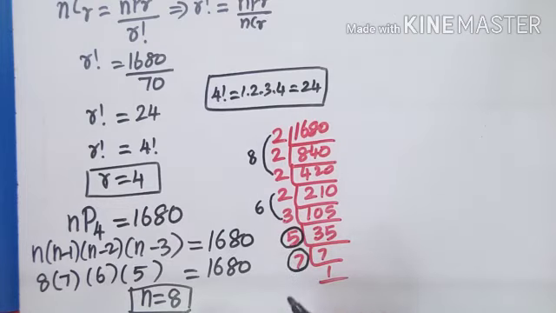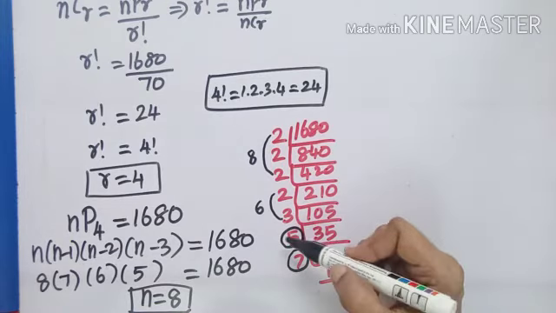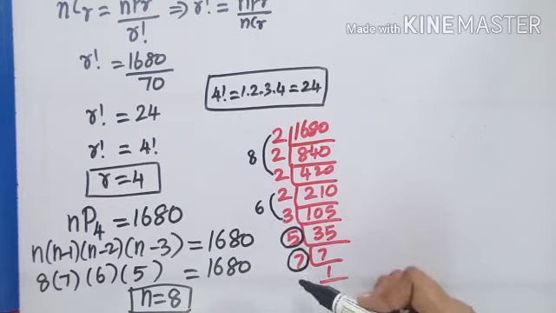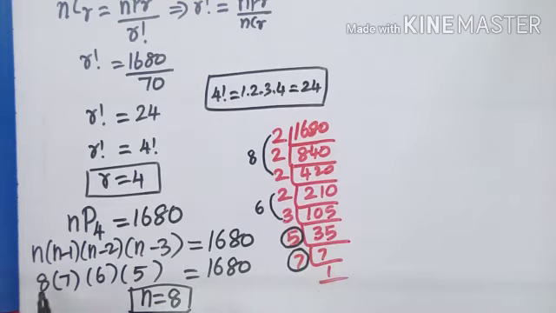So I have to find consecutive numbers for 5 and 7. Which are the consecutive numbers for 5 and 7? It could be 4 or 6. It could be 8 or 6. So I am combining in such a way that I get 8 into 7 into 6 into 5. That gives me 1680. So n I compare. So n is equal to 8 and that is the answer.